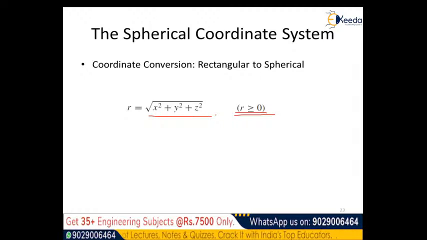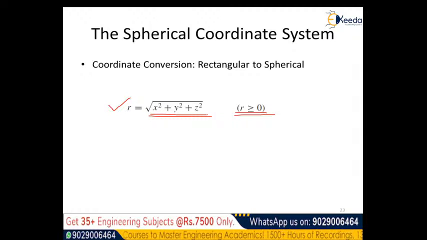Now, when we require to compute theta after this r, we have to take the help of the trigonometric cosine rule. The cosine of theta is definitely z divided by r. Now the r we have determined in terms of the rectangular coordinates x, y, z.